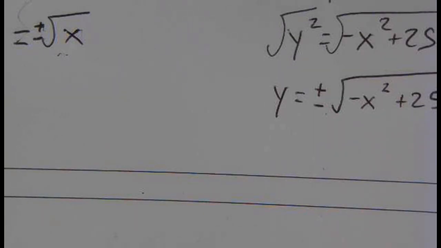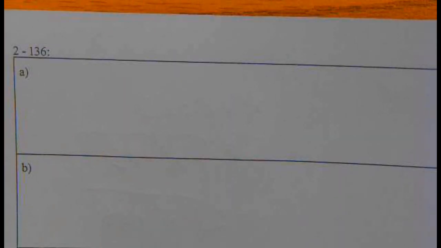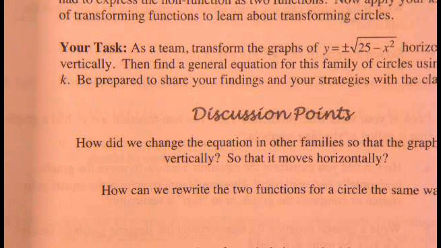Okay, we are going to omit problems 134 and 135. So you can cross those out, and we're going to skip on to 136. Okay, so this, in case you don't have your book open, is what 136 says.